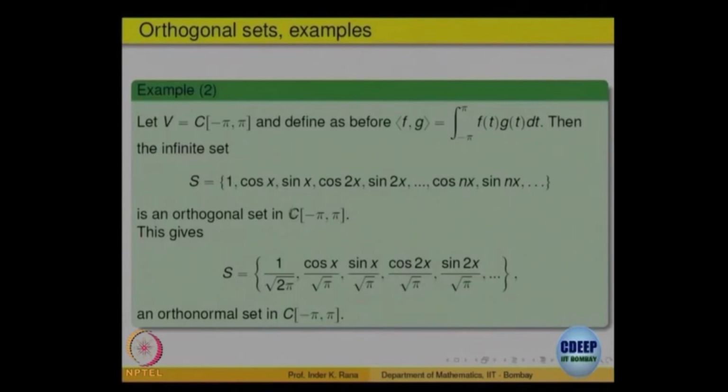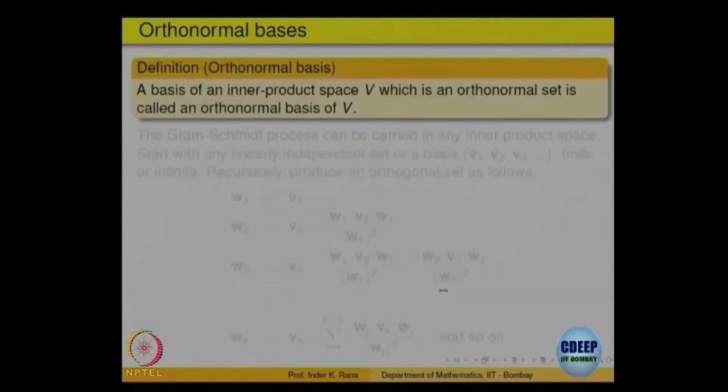That is an infinite dimensional vector space on which there is an inner product, and here is an example of an infinite orthonormal set. Now, if you recall, in a finite dimensional vector space, given a basis, you can make an orthonormal basis out of it. So, what was the process of converting a basis to an orthonormal basis?